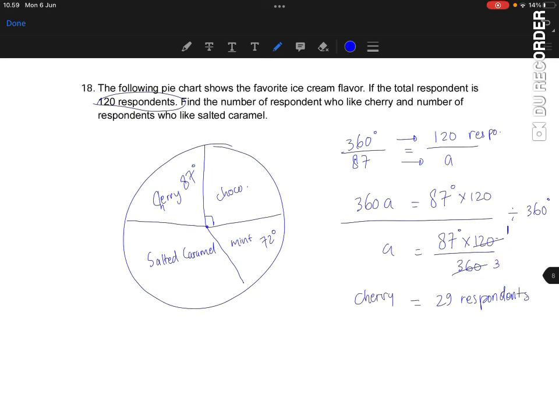Move on to the salted caramel, SC. For the SC here, we don't know yet about the angle, so we can just find it using 360 minus 90, because the chocolate here is a right angle, minus it with 87, minus it with 72. Oh, why is it negative again? Hold on.